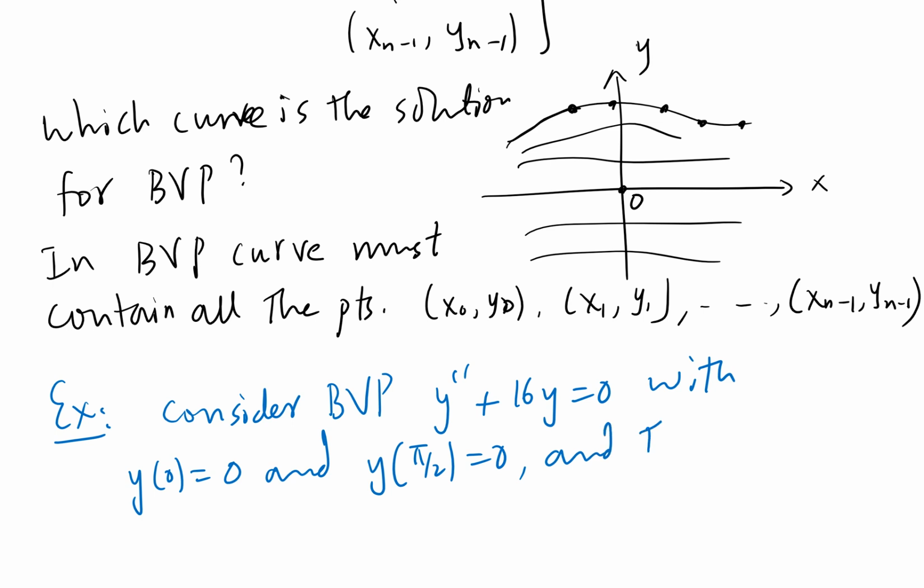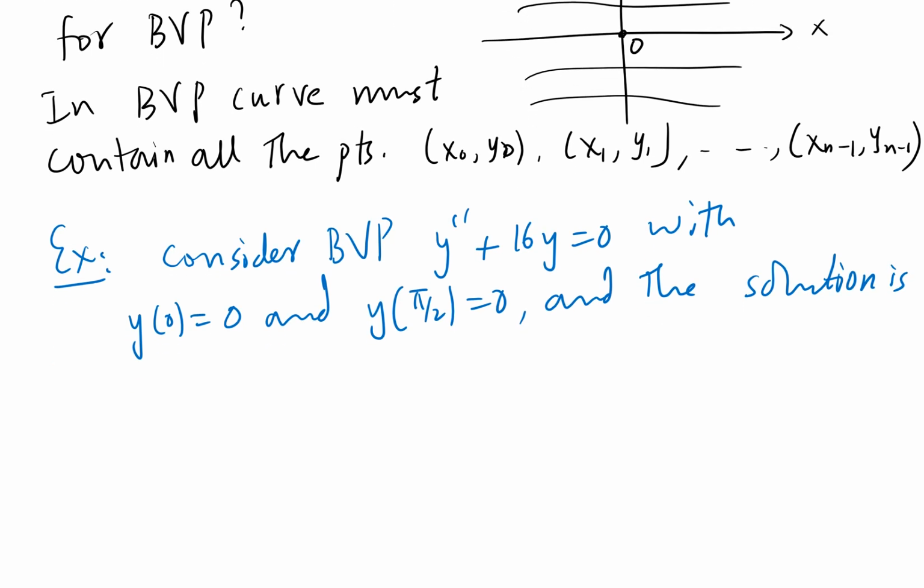The solution to this differential equation, which I will teach you how to get later on, is given by y equals c1 cosine 4x plus c2 sine 4x. What we want to see here is whether this specific problem has a unique solution or not.